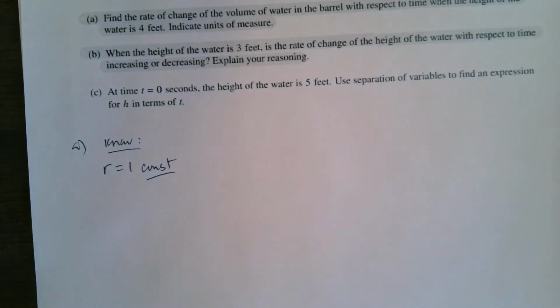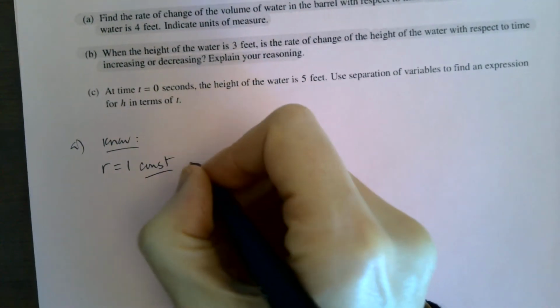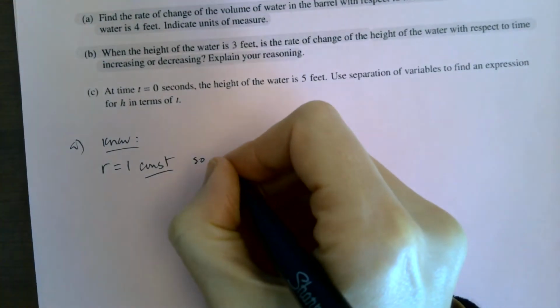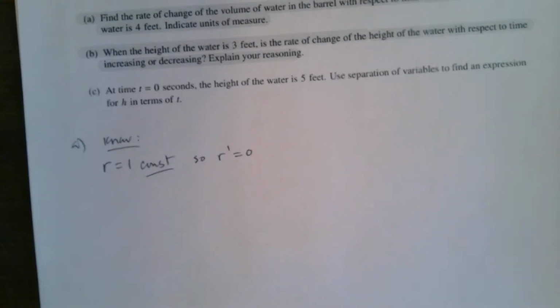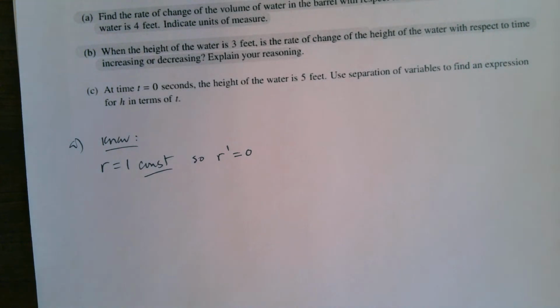When you're doing these types of problems, guys, it's important to pay attention to things that are constant because the derivative of a constant is 0. So we can also say that R prime is 0 because R is constant.